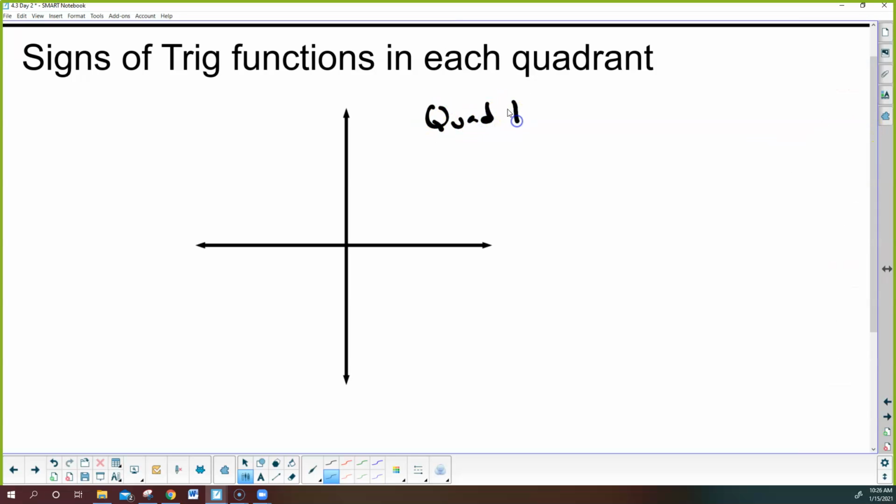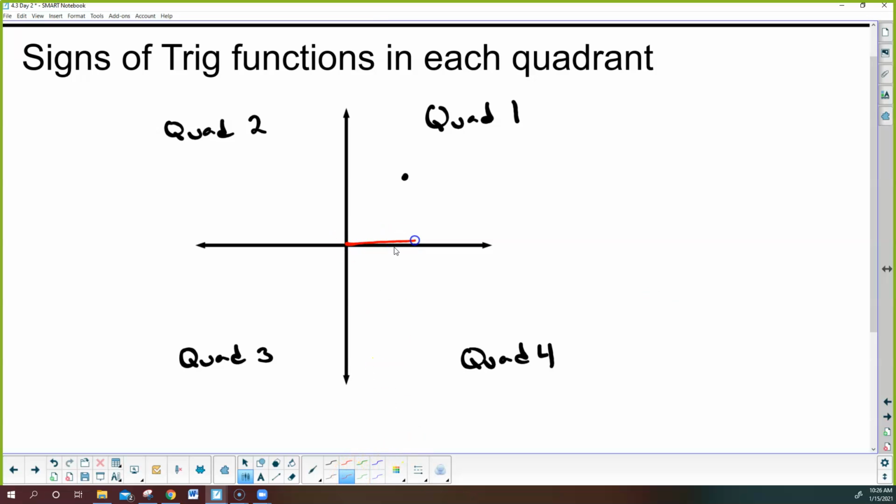So let's call this quadrant 1, quadrant 2, quadrant 3, and quadrant 4. A lot of times I use Roman numerals to mark those, but so what if I have a point right here? What do we know about all the trig values? Well, it's based off of your x and y's. Right?